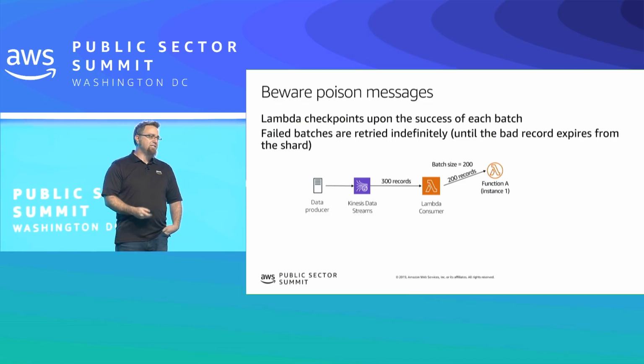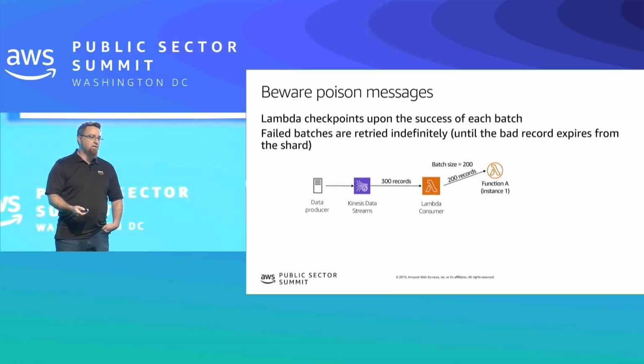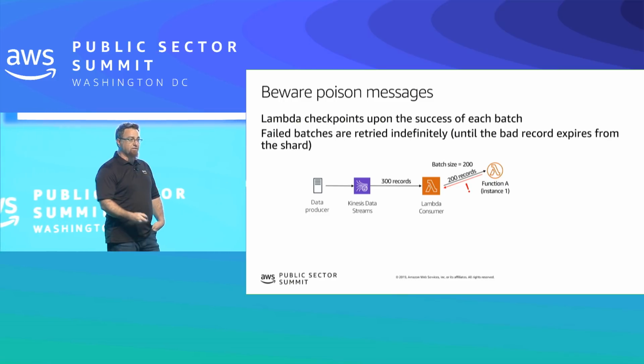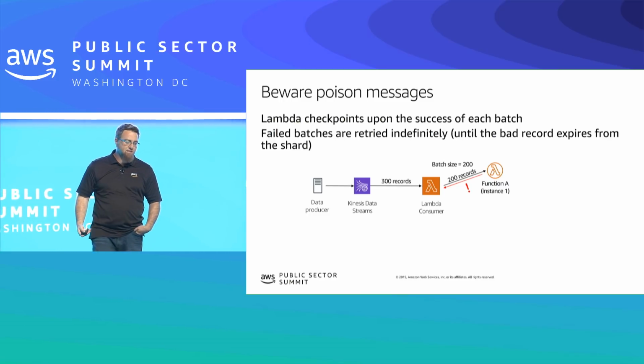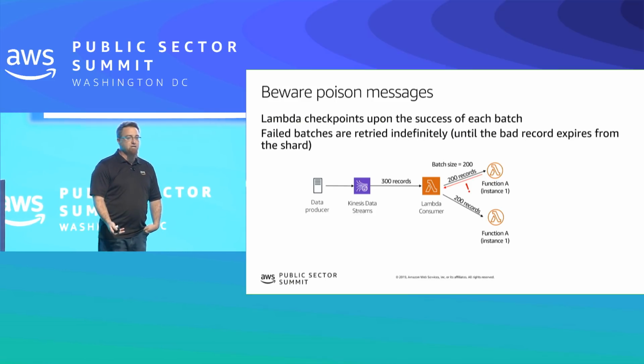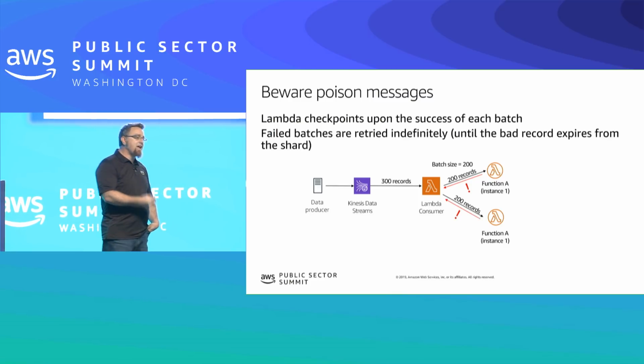And let's say for some reason, it errors out processing one of those messages within the batch. So it won't have the ability to checkpoint back to the service to allow the stream to continue processing that data. And what'll happen is when it invokes a new Lambda function, it's going to invoke it with that same 200 records. And as you can see, you're going to get the same problem.